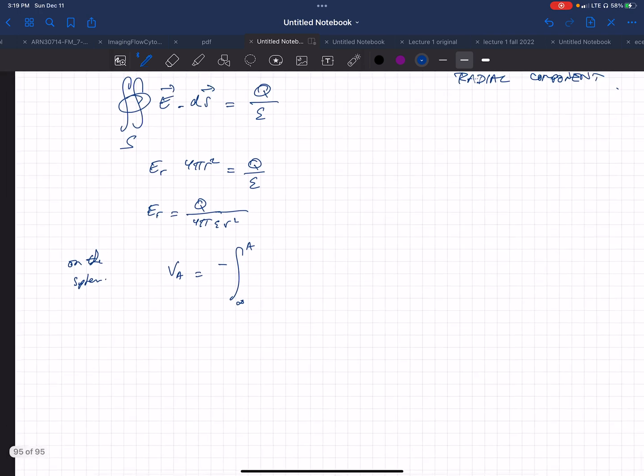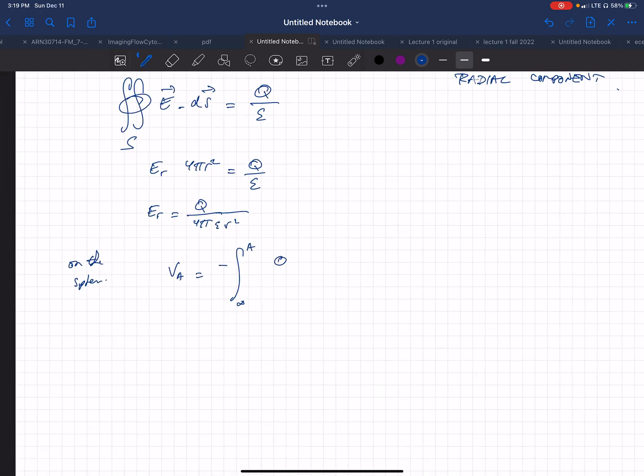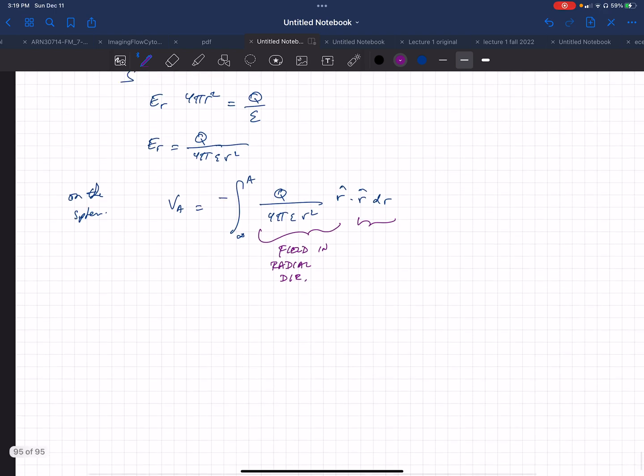So A is any point on the surface, integrating the electric field, q over 4 pi epsilon r squared, r hat dot r hat dr. This is the field in the radial direction, and this is the path in the radial direction.